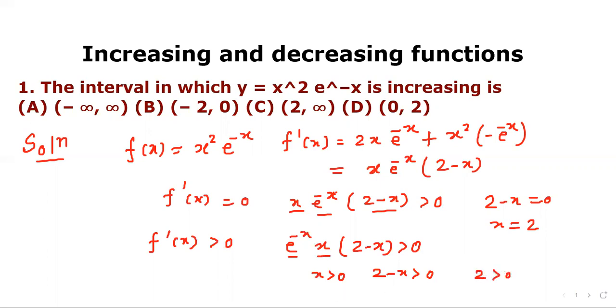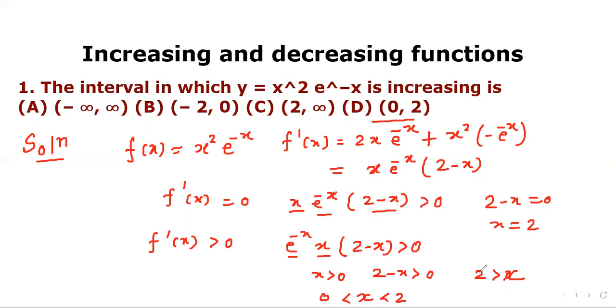So we can say that x lies between 0 and 2, 0 is less than x is less than 2. So interval is this. That is the part 0 to 2.